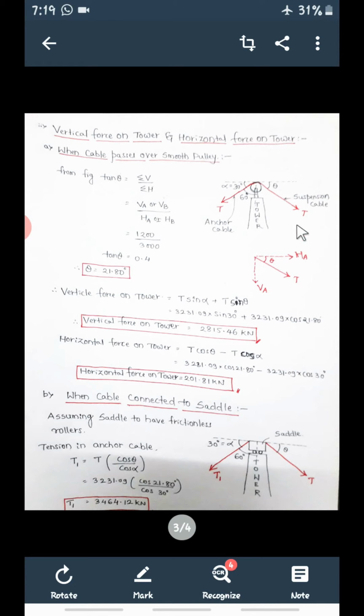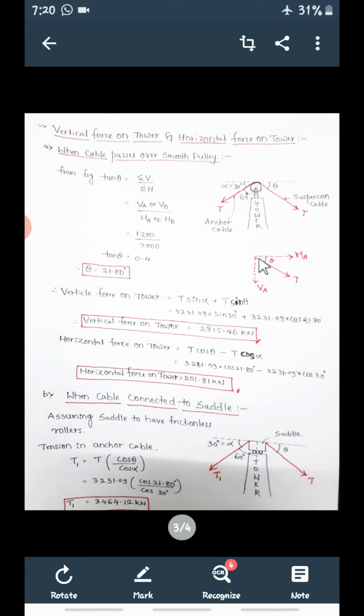Now first find out this theta value. So from this figure, if you take tan theta, see here, this is the tension, okay, and this side it is HA or HB, and this is VA and VB. Okay, so how are we going to find tan theta now? Tan theta is equal to this VA divided by HA.